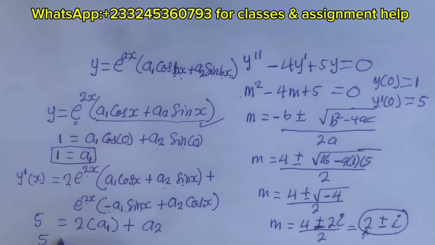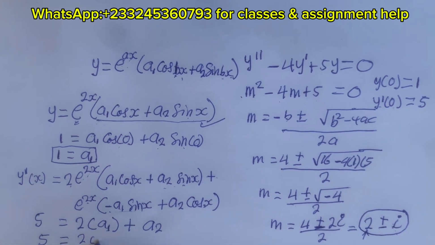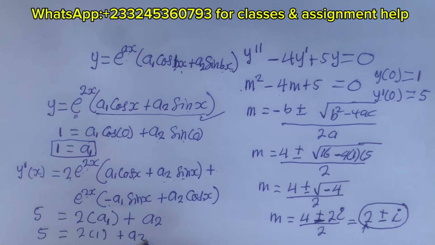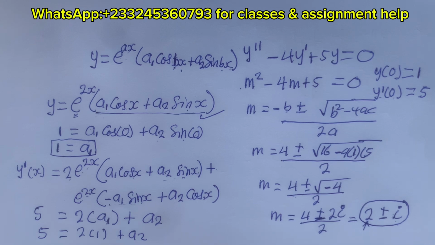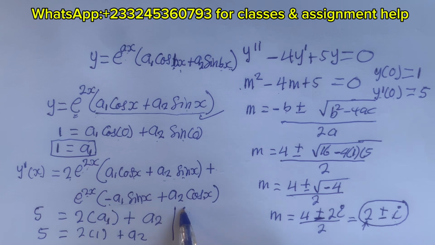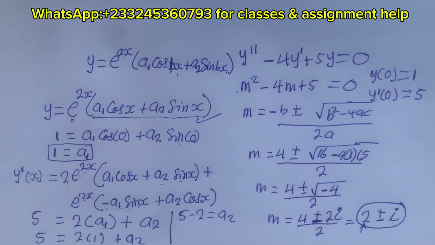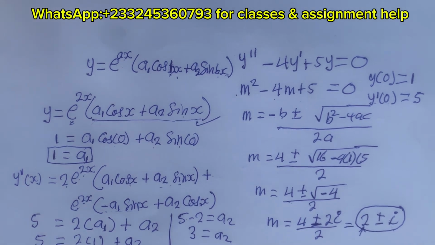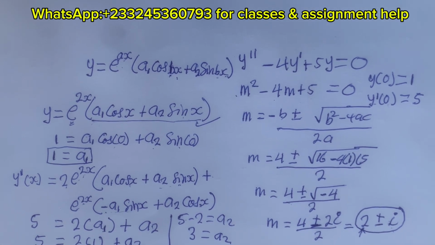So I have 5 equals, a1 is 1, so we have 2 times 1 plus a2. Now this gives me 5 minus 2 equals a2. So a2 is going to be 3. I hope you've seen that. So we have a2 to be 3, and then we have our a1 to be 1.